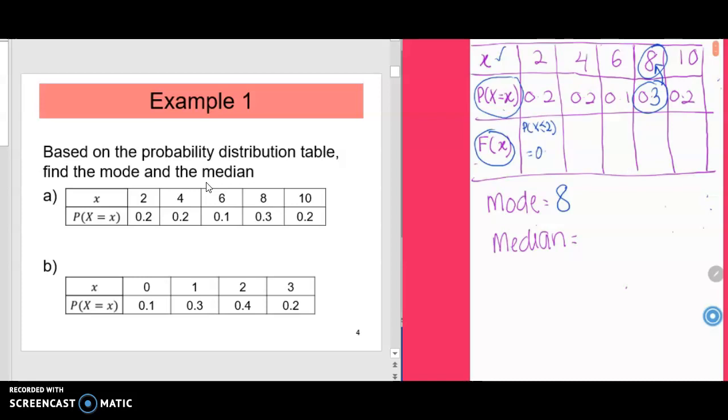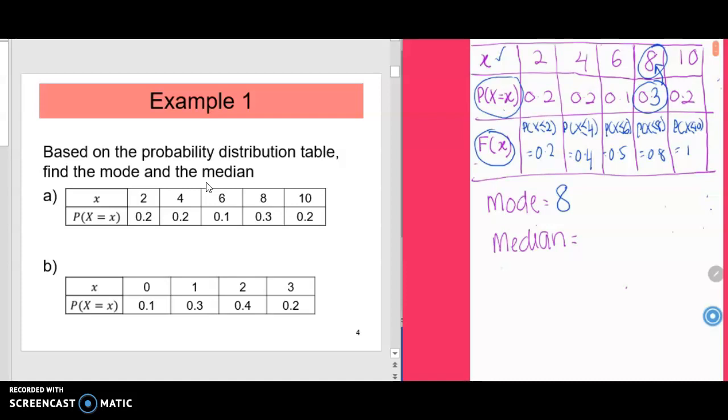This one is equal to 0.2. P, x less than or equal to 4, this one is equal to 0.4. P, x less than or equal to 6, this one is equal to 0.5. 0.8. P, x less than or equal to 10, this one is equal to 1.